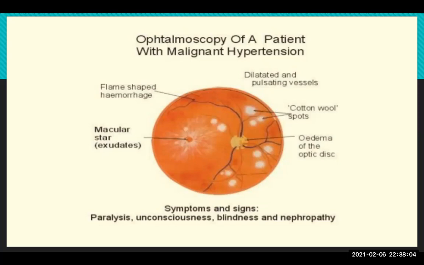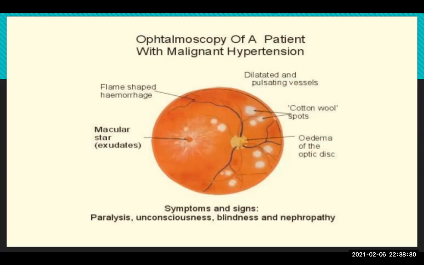papilledema. But papilledema and papillitis, both terms are different. Papillitis is related to an inflammatory process, but papilledema is a passive edema. And in this situation, it's not an inflammatory process.